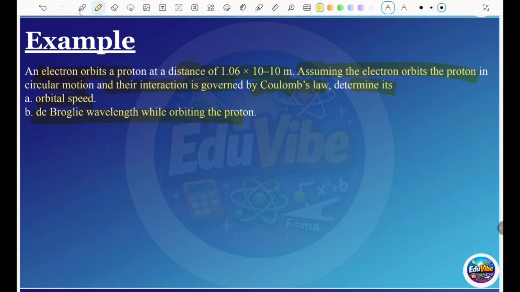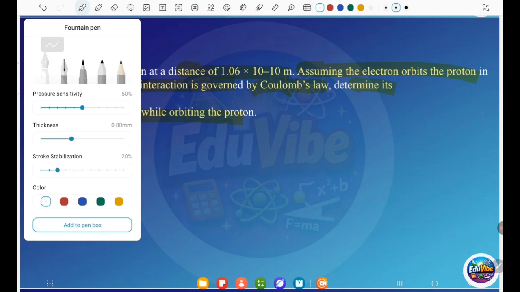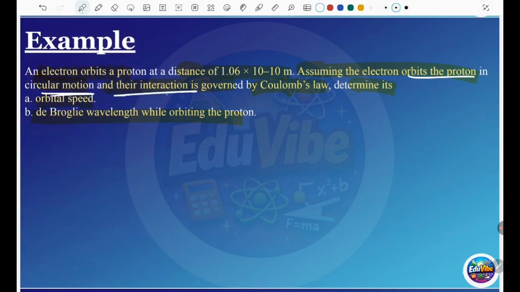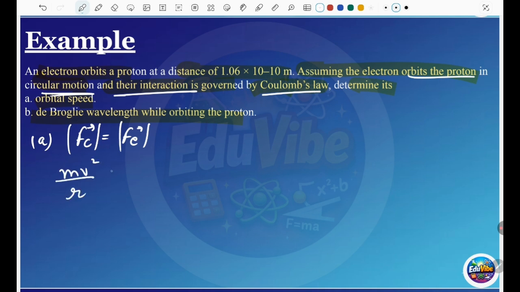So this is like a circular motion type thing. They mention that the electron orbits the proton in circular motion, which means we connect Coulomb's law with the circular motion. So for A, you have to find the speed, which is the V. So Fc, the circular force, is mv squared upon r.